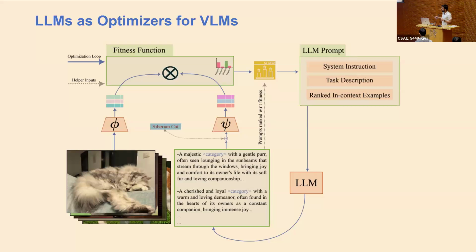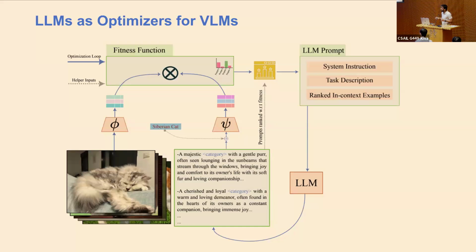So we provide the LLM with some description. For example, the task is to classify photos of cats, right? And then we want the LLM to give us these prompt templates which we were talking about. We would ask it to give us n prompt templates, for example.